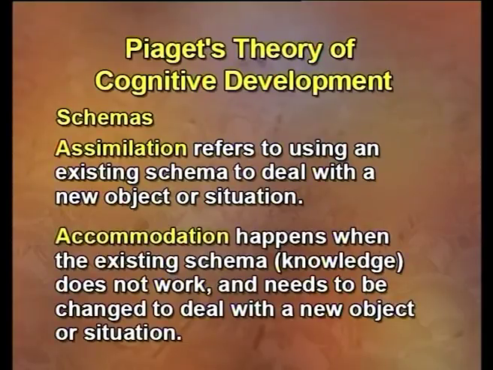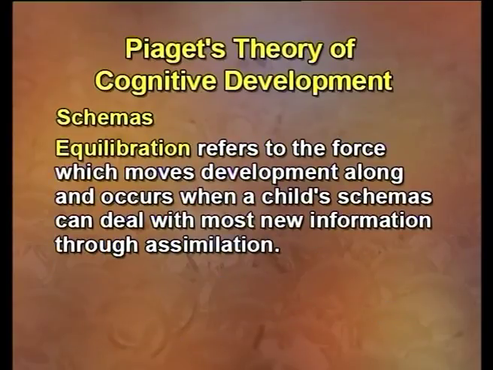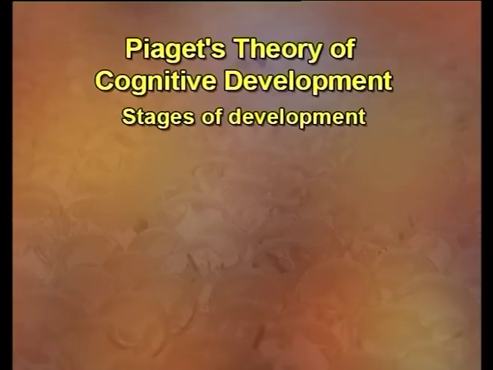On the other hand, accommodation happens when the existing schema, or the knowledge which is already present, does not work, and it needs to be changed in order to deal with a new object or situation. Now, equilibrium refers to the force which moves development along and occurs when a child's schemas can deal with new information through assimilation. So, assimilation, accommodation, equilibrium.